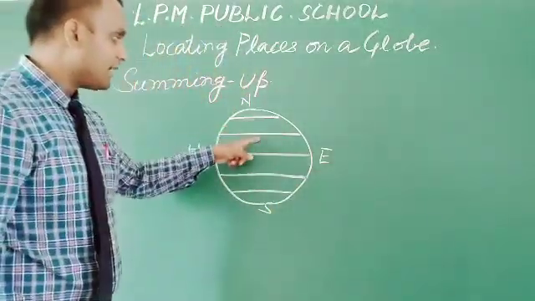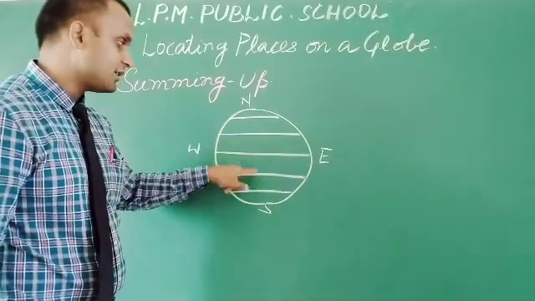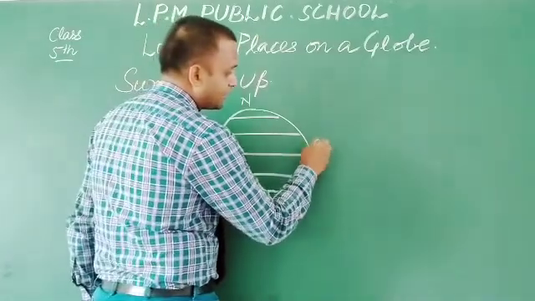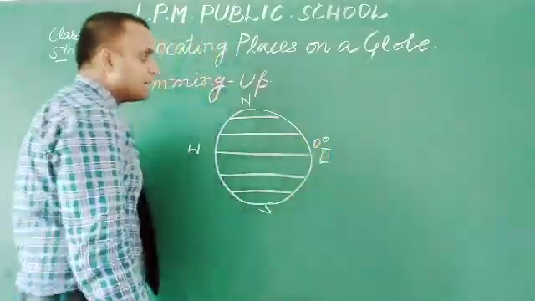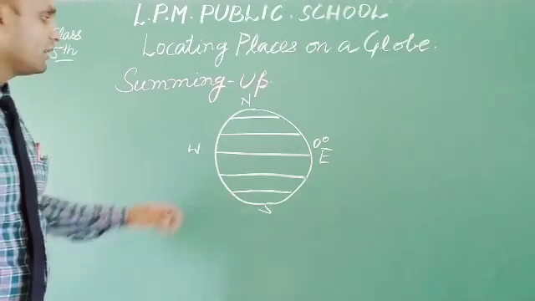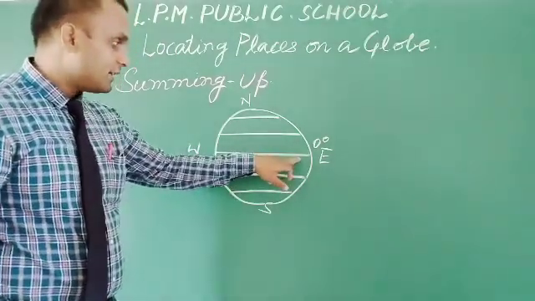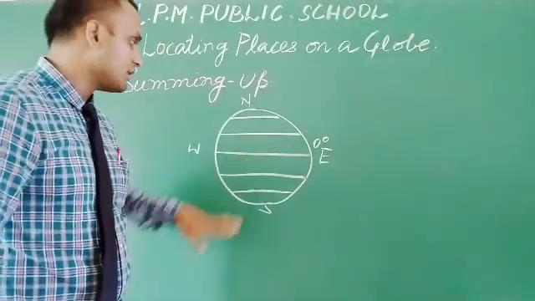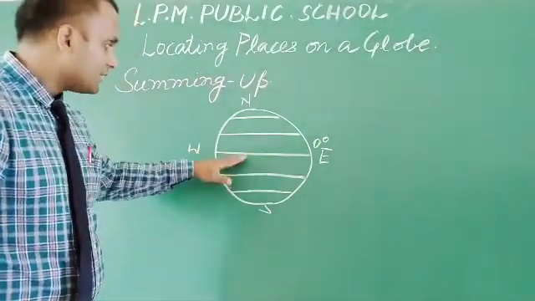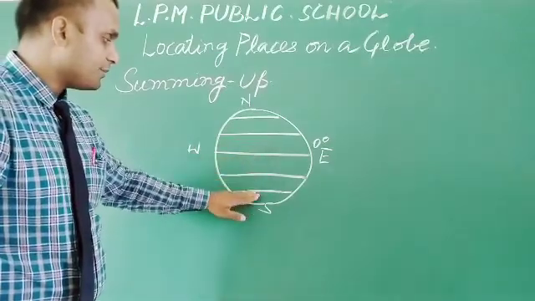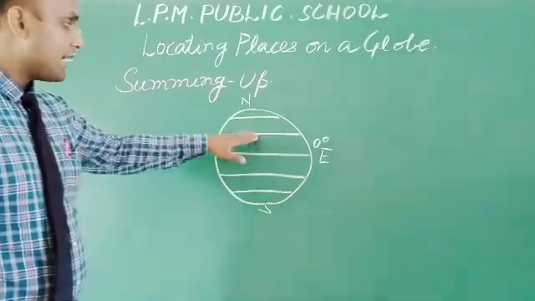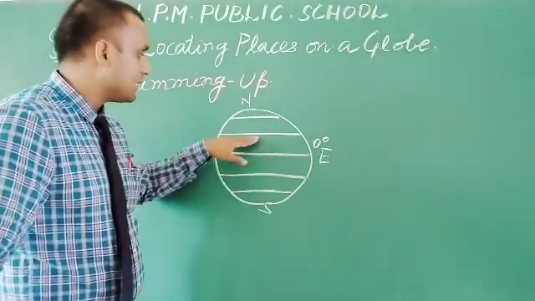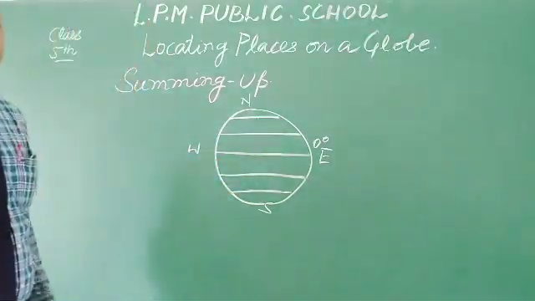Every line is parallel to each other. This equator line is also 0 degree latitude, and these lines are parallel to each other because they are at the same distance from each other. That is why we say they are parallel to each other.